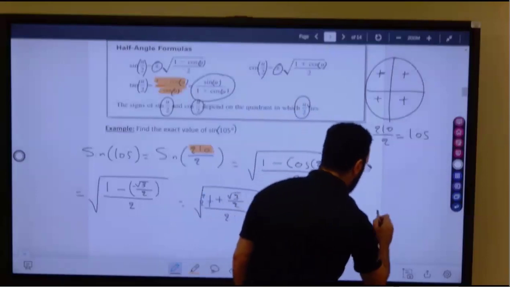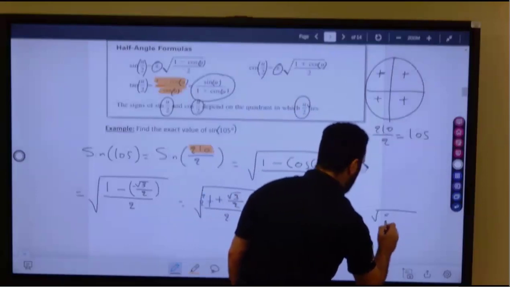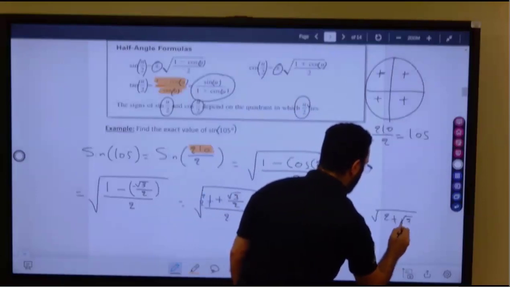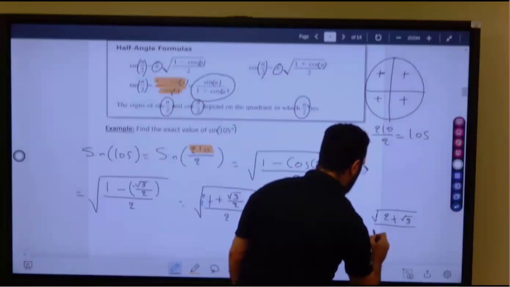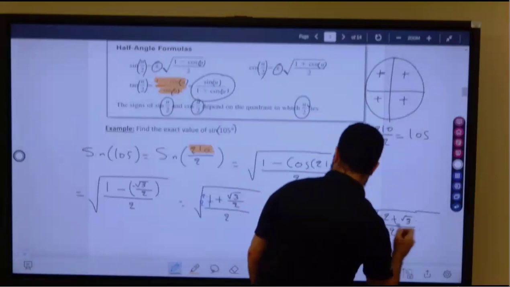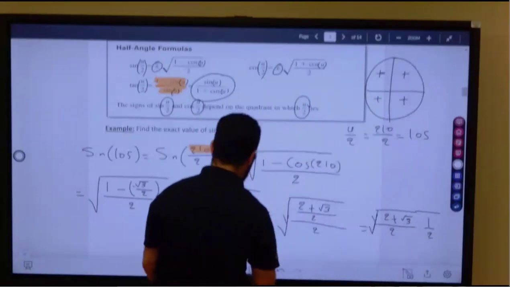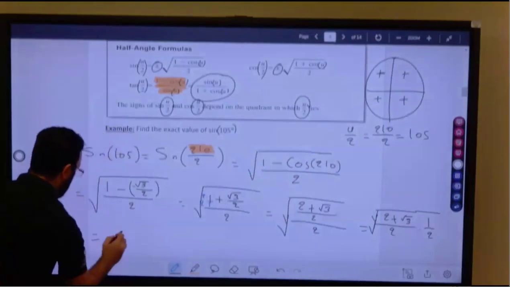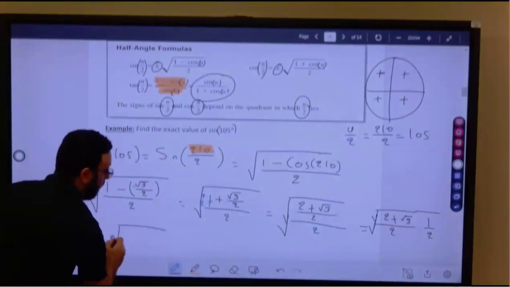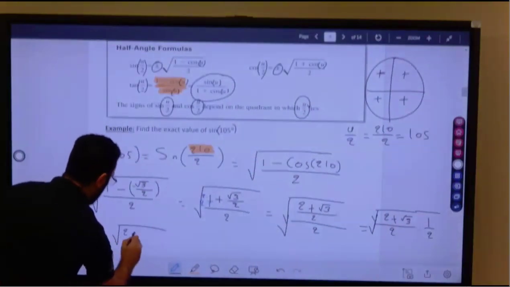In this case, it's going to be the square root of 2 plus square root of 3 over 2 times 1 over 2. 2 times 2 is going to be 4. That means it's going to be square root of 2 plus square root of 3 divided by 4.